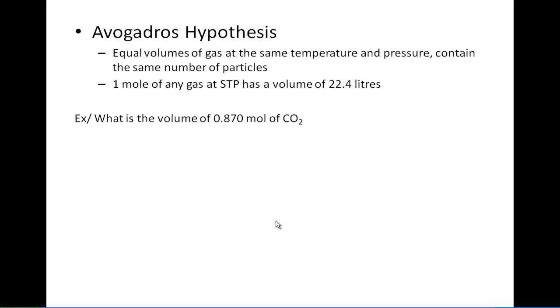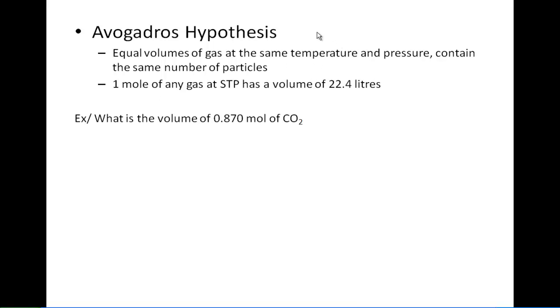So Avogadro was a very famous scientist, and he had this hypothesis that was later proven to be factual. And he said that equal volumes of a gas at the same temperature and pressure contain the same number of particles.